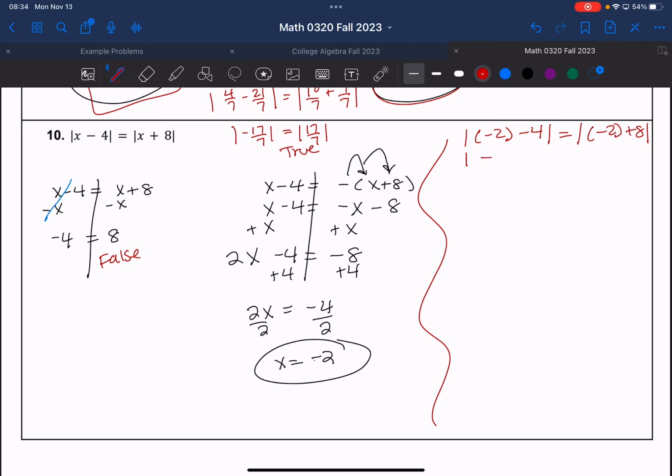Negative 6. And then negative 2 plus 8 gives me what? Positive 6. Absolute value of negative 6 is 6. Absolute value of positive 6 is 6. So this is true or false? True. So that means I have one solution, and that solution is negative 2.